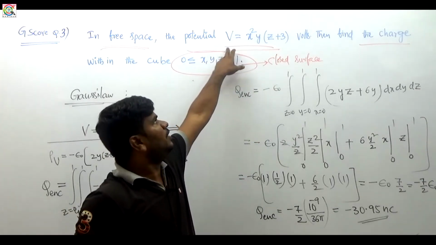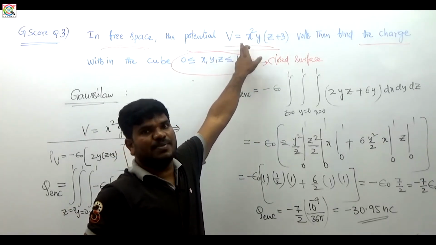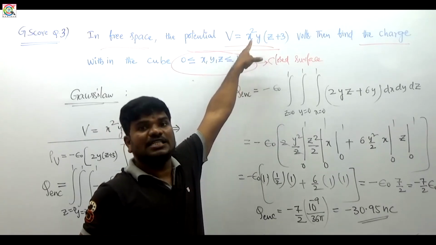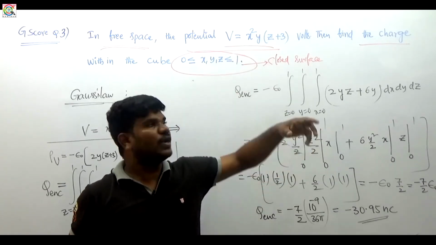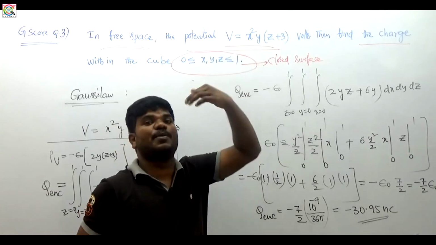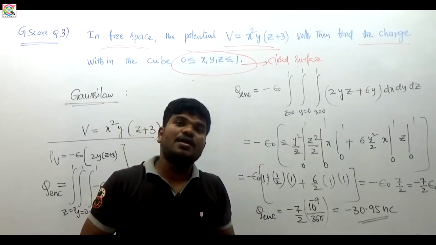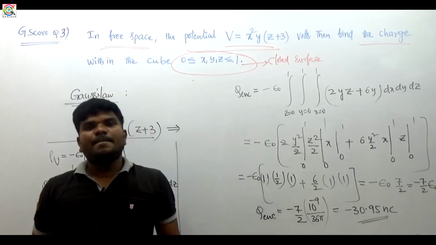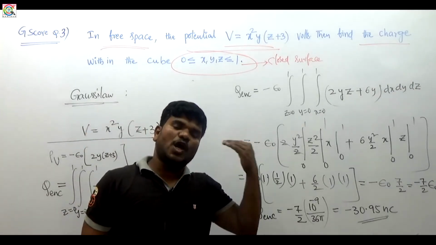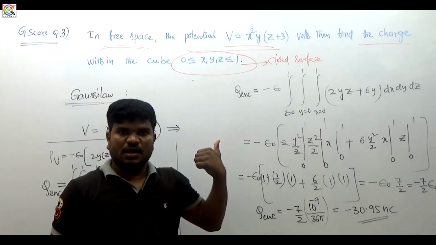It is definitely not because of the point charge, because it is not a function of 1 by r, okay. If V is inversely proportional to distance, then that belongs to the potential of a point charge, already we know.